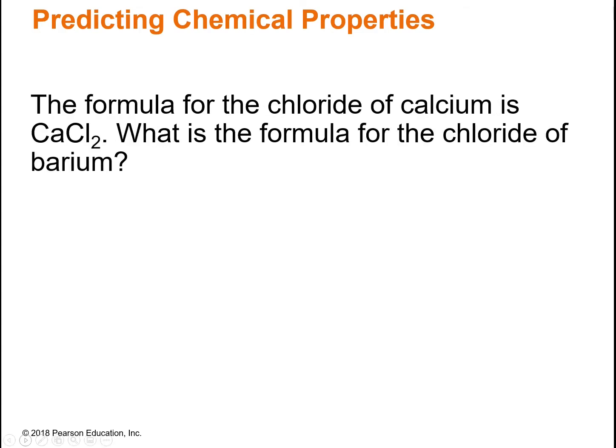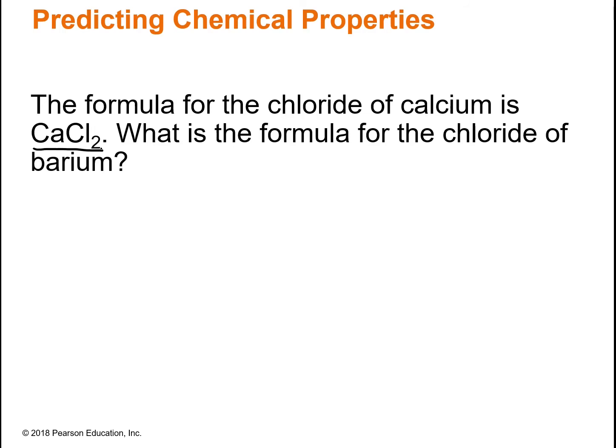So if I tell you that the formula for the chloride of calcium is CaCl2, what do you think the formula for the chloride of barium is? You have to look at your periodic table and see whether or not they're in the same group. Now, from the problem that we just did, we know that they are.